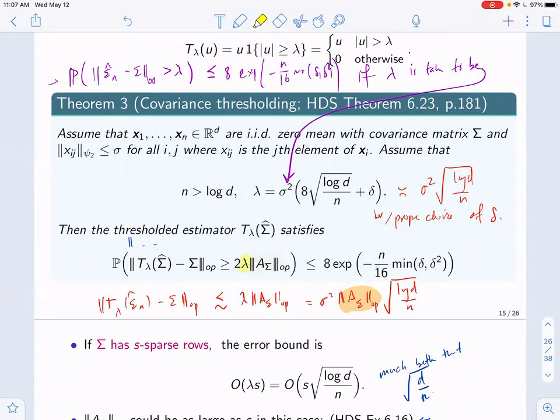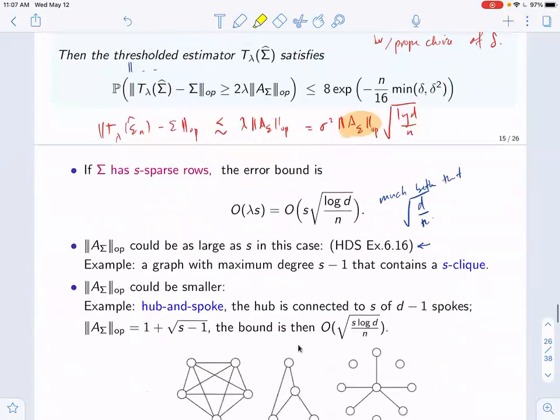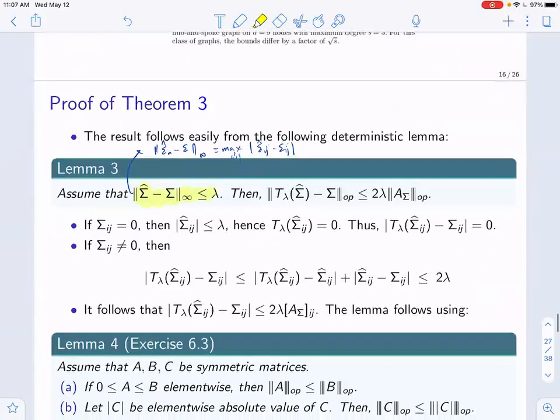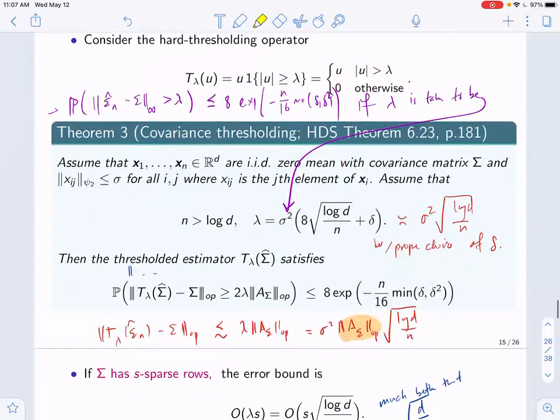And lambda is, as we saw in the proof, a bound on the L infinity deviation between sigma hat and sigma. This is a pointwise deviation; what you're bounding is the maximum of these element-wise deviations, and this can be quite small.